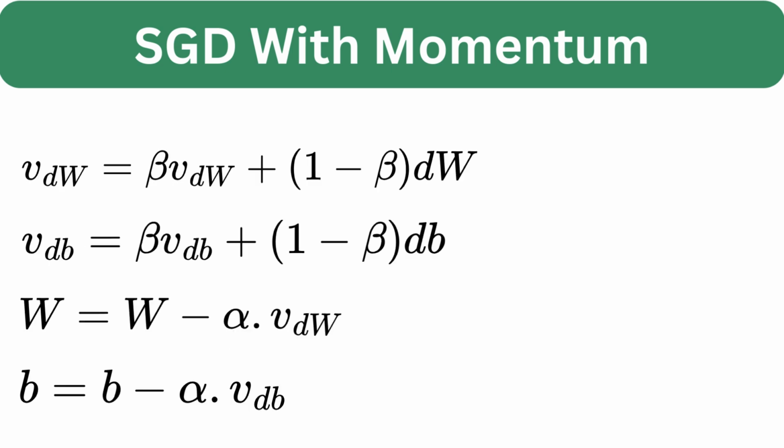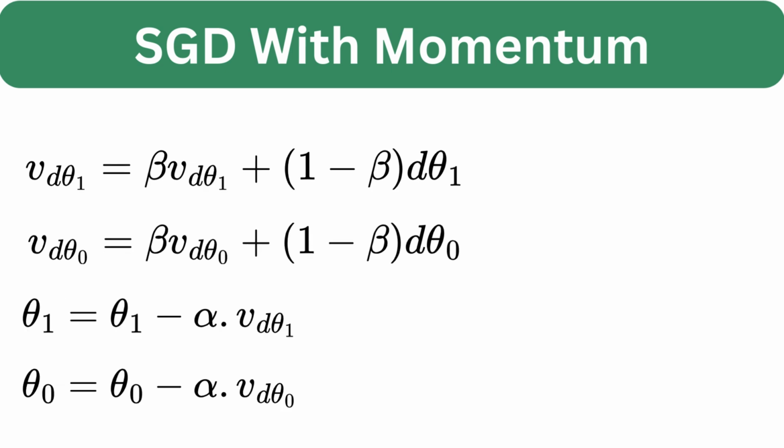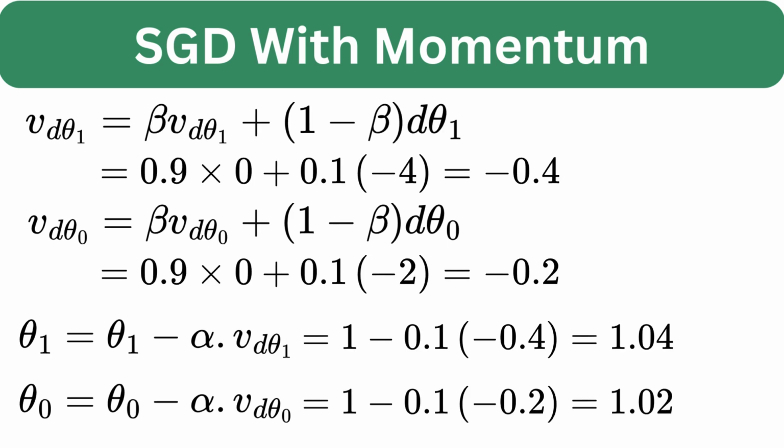Here we have the equations for calculating the velocities and updating the weights. We will update the equations and replace w and b with theta 0 and theta 1. So first we'll compute the velocities and then we will update the weights. Look at the first equation. The beta is 0.9 and initial velocity was 0. 1 minus beta is 0.1 and the derivative of loss function with respect to theta 1 is negative 4.